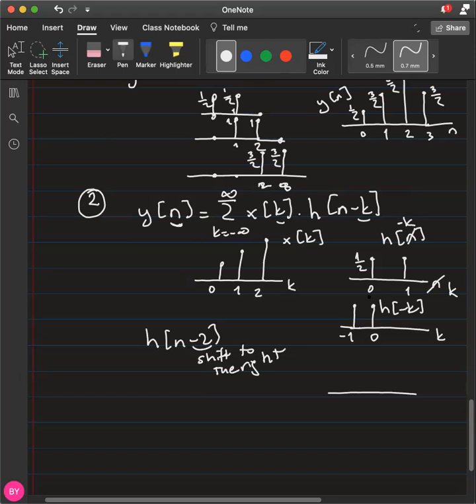But in this case, if it is h of 1 minus k, I should shift to the left, okay? So if there is no shift, as it is right now, and it is 1 minus k, then I should shift to the right, okay?